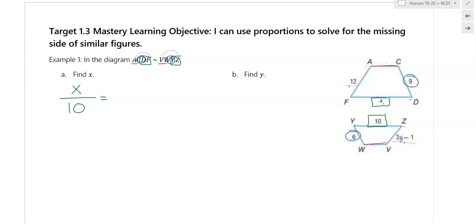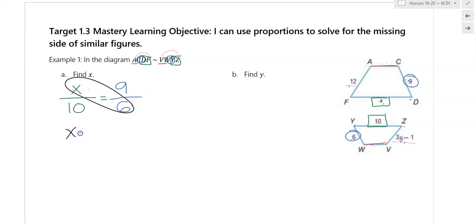Now I have to be careful, right? What number goes on top should be the same from the same figure as this. So I'm going to put the 9 on top because the x is on top. And then over 6. Now this should be easy. I'm just cross multiplying.